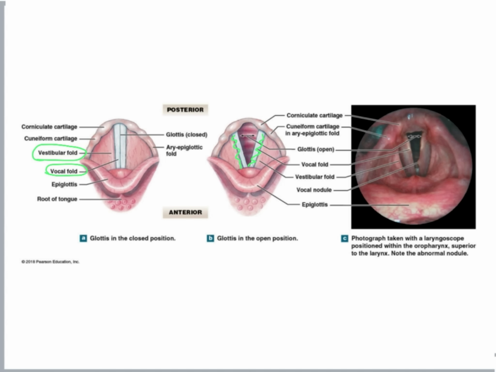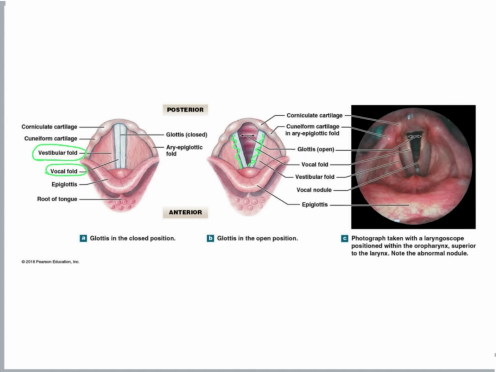So as you can imagine, depending on the tension, length, and diameter of the vocal folds, different sounds can be produced. And if we bring the vocal folds very close together, we can produce very high-pitched sounds. And if we put them apart, we can produce very deep sounds.